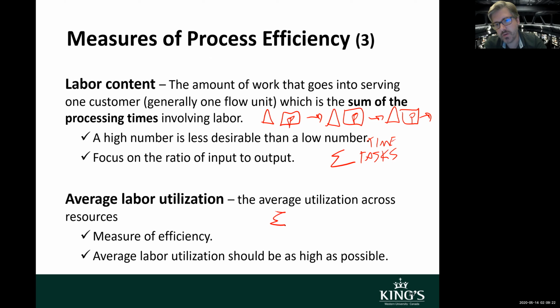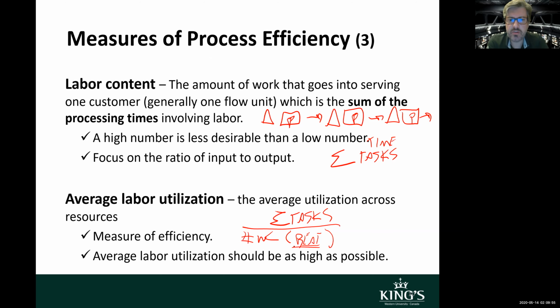So the sum of all your tasks divided by how many people are working there, your resources, the number of work centers, right? And we will see over here, let me call this a beat for now. So this should be your cycle time, right? Or even better, a takt time. We're going to be seeing that in the next slide.